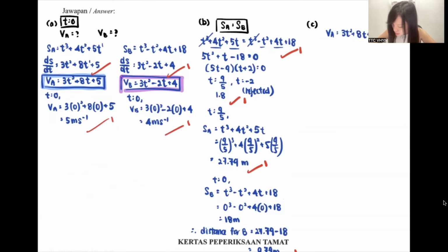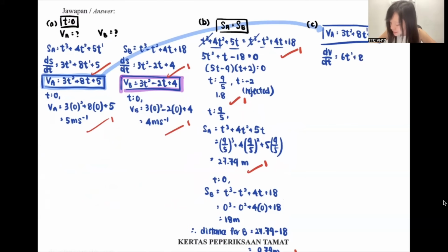Now this one. Don't ask me where I copy from, my dear. I copy from here. So you want to find A, right? Differentiate it, dV/dt. So times -1. Times -1. Now, my dear, this is my A equation, acceleration for my particle A. Okay? So now, what you need to find?